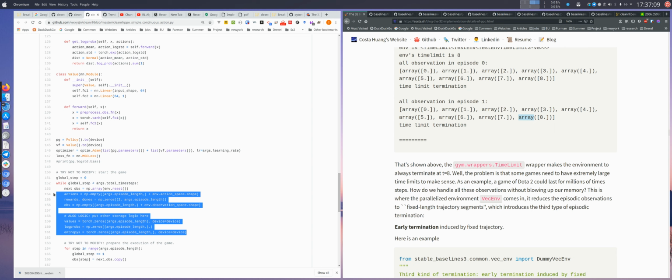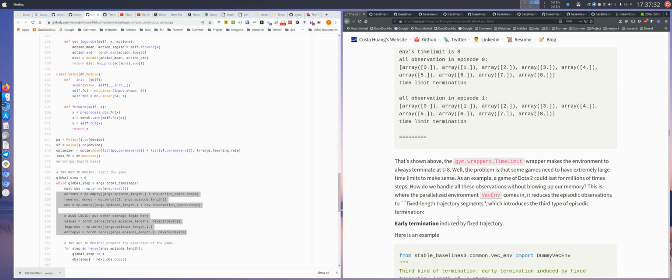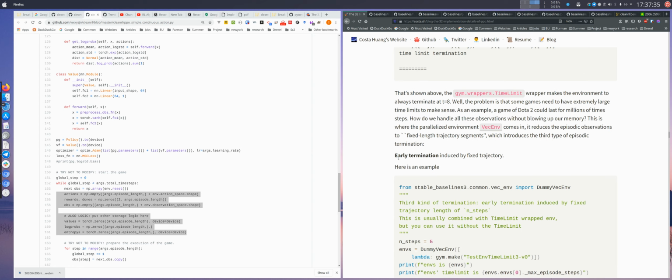If you have a regular computer, NumPy will probably just tell you it's unable to allocate the memory. So to alleviate this problem, this is where the vectorized env comes in, or the parallelized environment. It reduces the episodic observation to fixed length trajectory segments, which introduces the third type of episodic termination, which I call early termination induced by fixed trajectory.